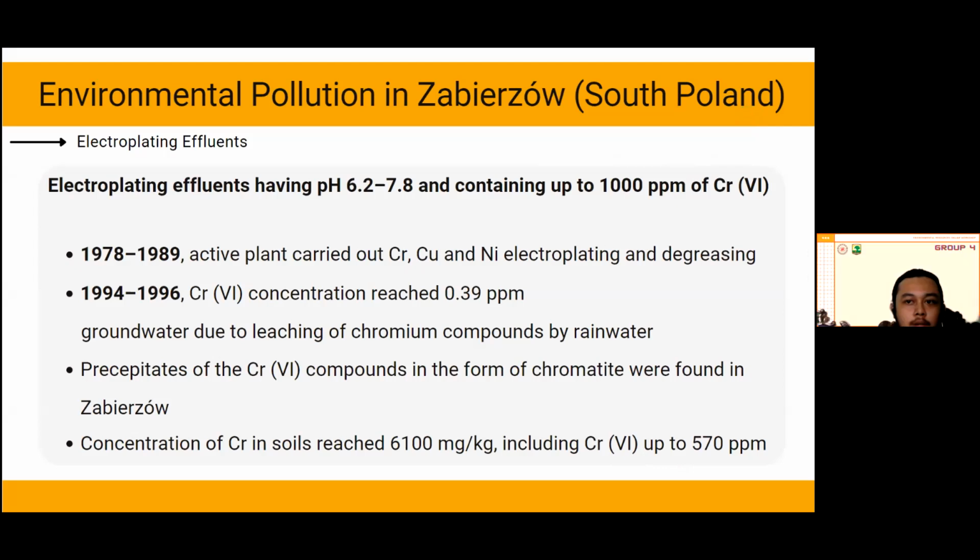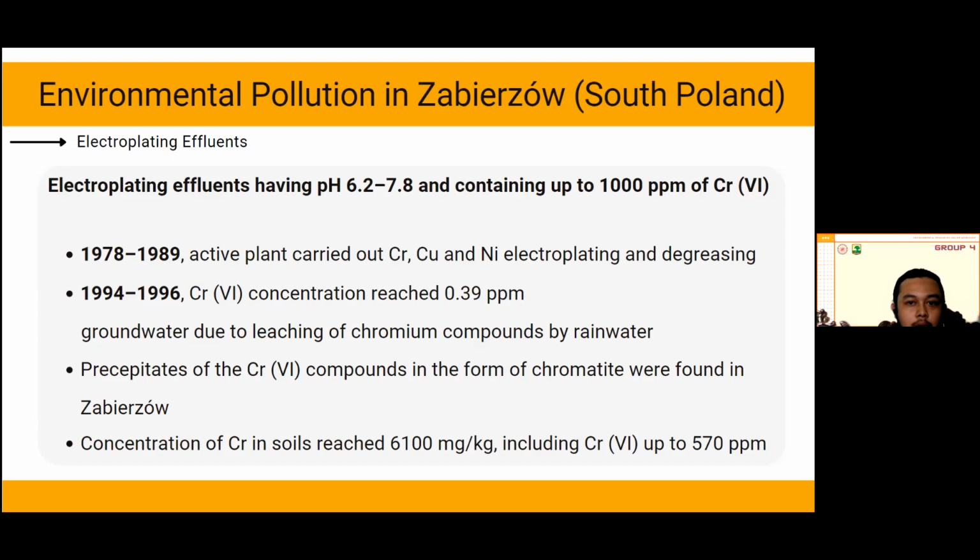Okay, thank you. For the next slide, I will talk about environmental pollution in Zabrze, which was caused by electroplating effluent. Electroplating effluent having pH 6.2 to 7.8 and containing up to 1000 ppm of chromium-6 was directly discharged into the soil. From 1978 to 1989, there was an active line carrying out chromium, copper, and nickel electroplating as well as degreasing.